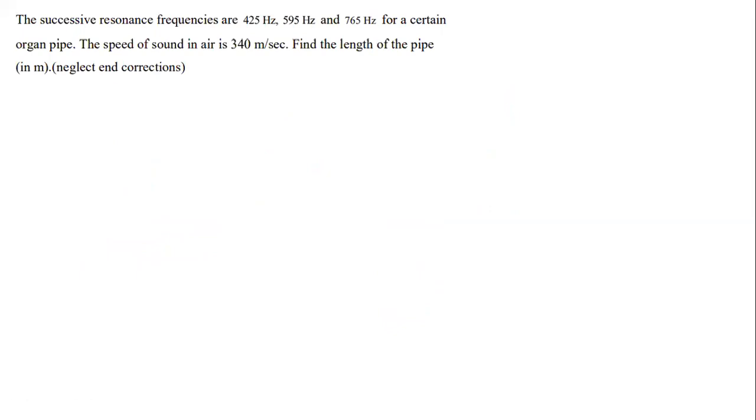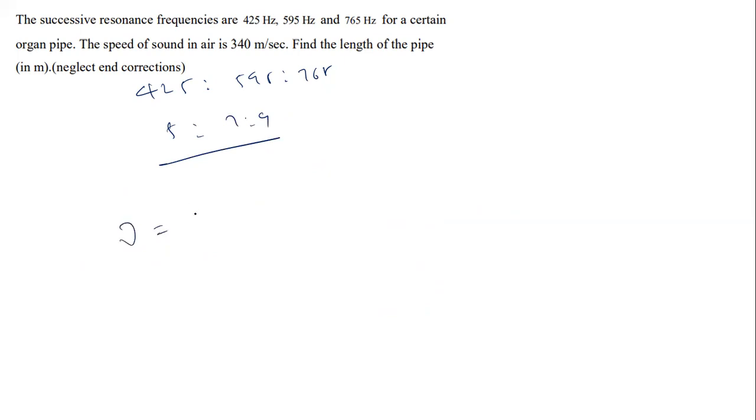Successive resonance frequencies are 425, 595, 765 for a certain closed pipe. The speed of sound in air is 340 meter per second. Find the length of the pipe. So 425 is to 595 is to 765. See that ratio, how would it be? It would be 5 is to 7 is to 9, odd ratios. So for odd ratios, what is the frequency formula?